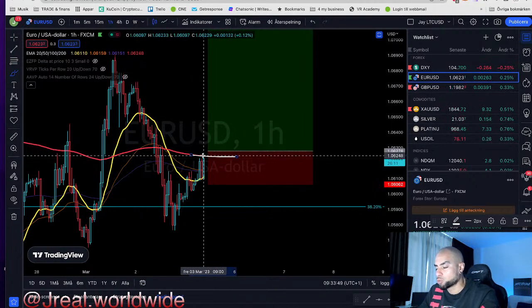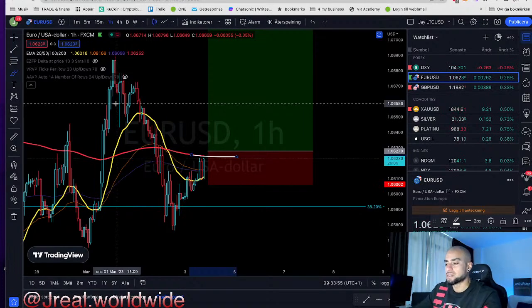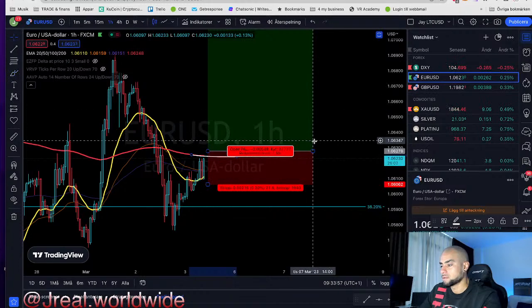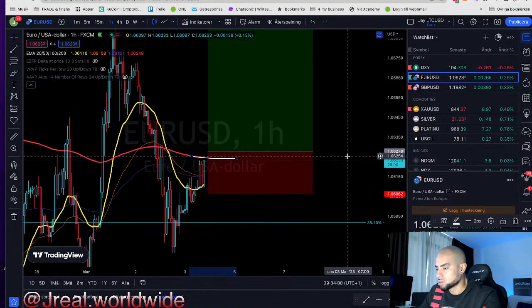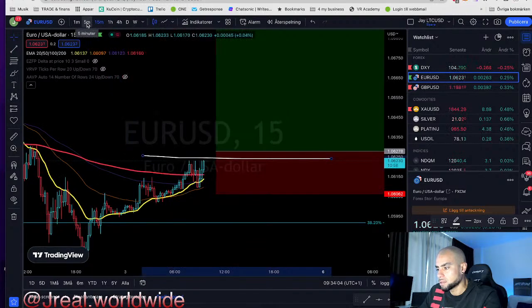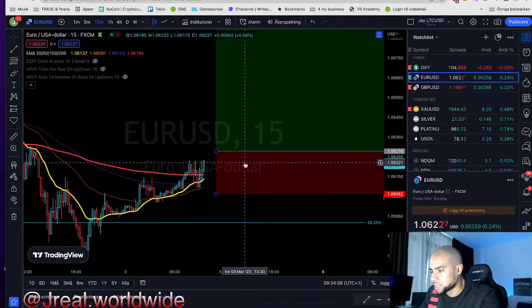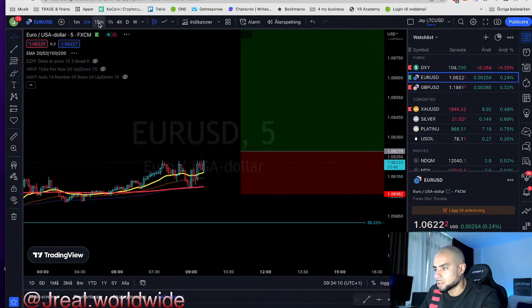When a candle closes above the 200-day EMA, and we see the next candle open and reject it, then we have an entry for this trade. All right. So this might happen, I would say, within the coming hour. We'll see.